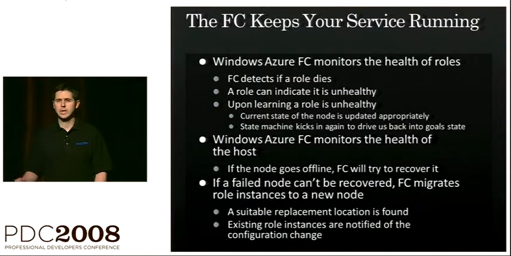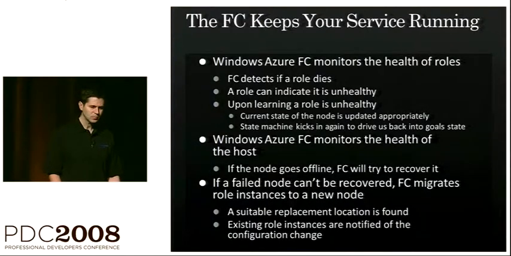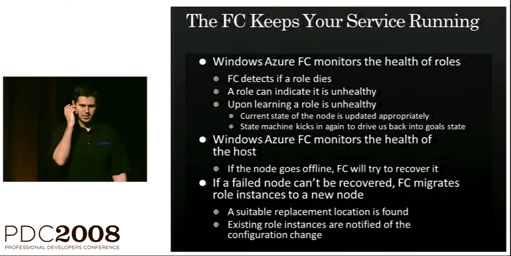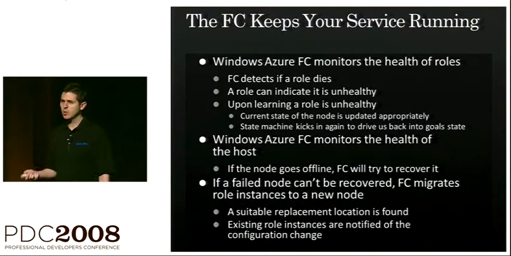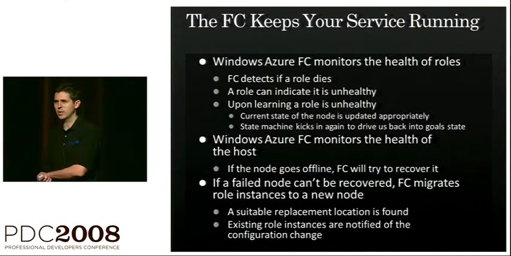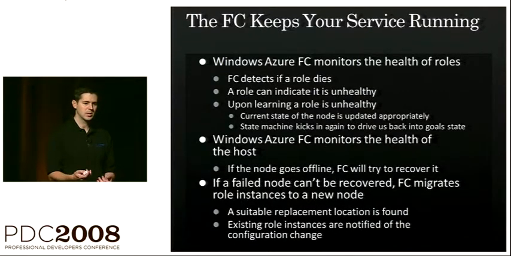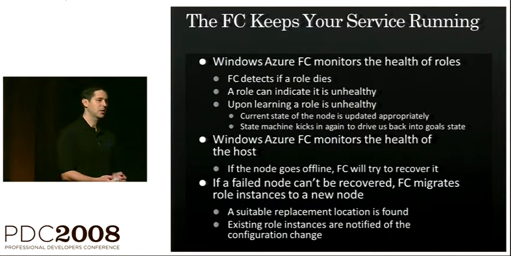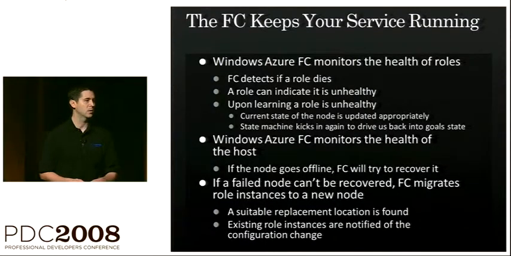Maybe for whatever reason, you just can't behave appropriately, and you can tell the Fabric, the Windows Azure platform, about that. When the system learns that your role is unhealthy for whatever reason, we update the state of that node. Okay? That current state in that logical node I told you before changes, and it no longer matches the goal state. So we can now take action to drive that node back into its goal state.